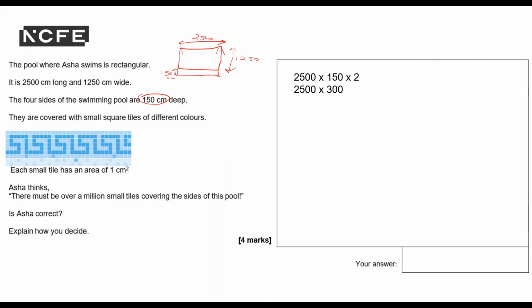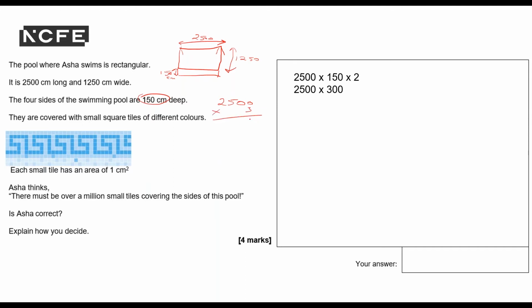To multiply by 300, I don't know my 300 times tables, but I do know my 3 times tables. That means I can multiply by 3 and then multiply by 100 afterwards. So I might use a bit of scrap paper to do this. 2,500 times 3.